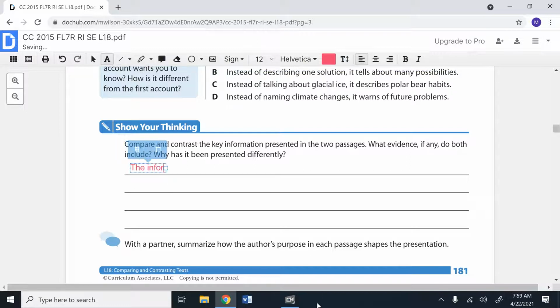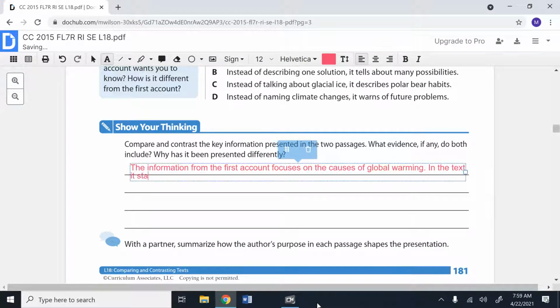The information from the first account focuses on the causes of global warming.